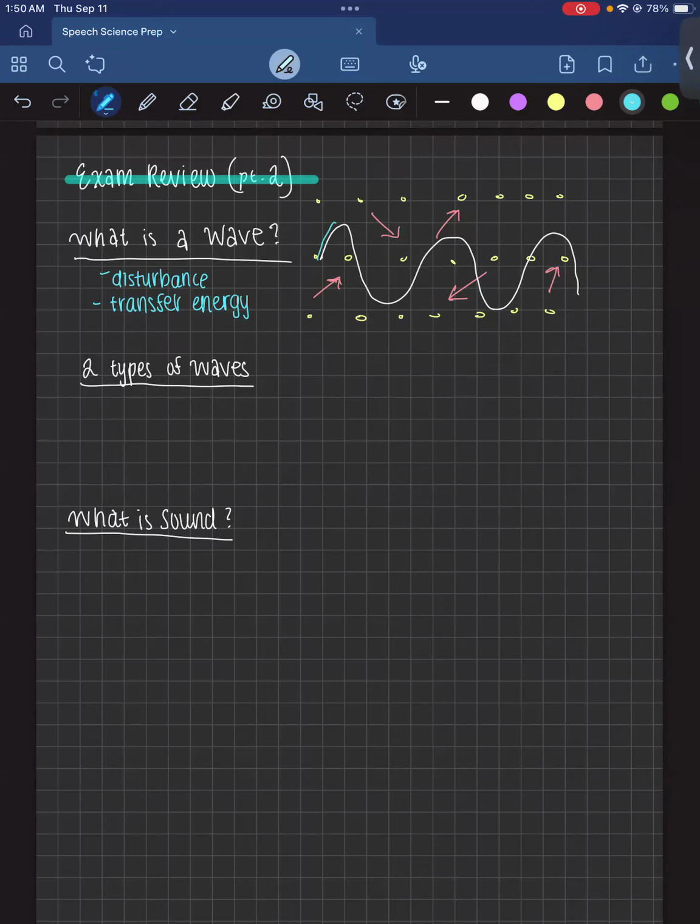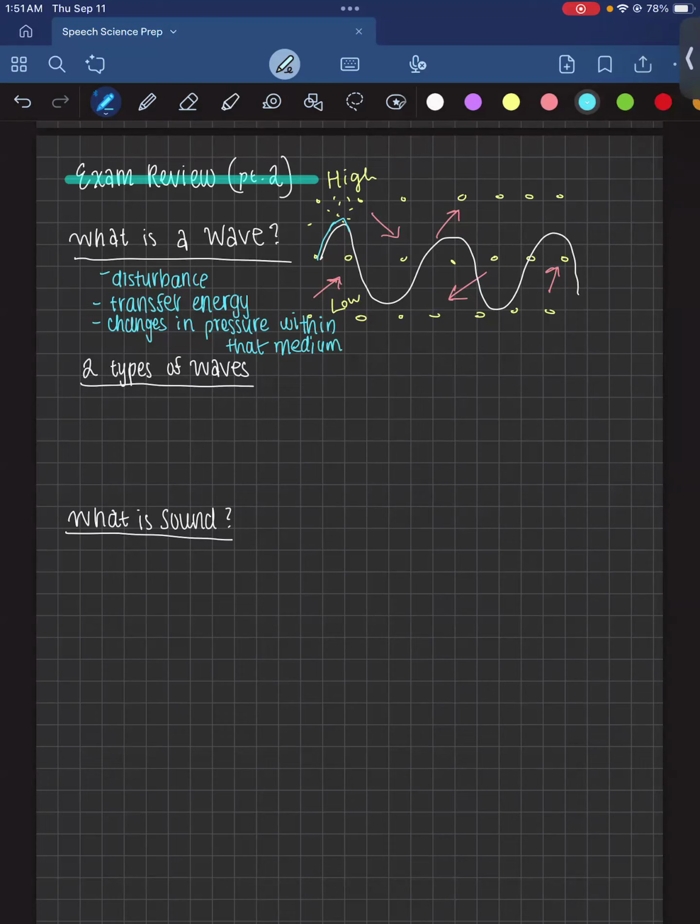So, for example, if the wave is moving this direction, these molecules may become really high pressure, and then these molecules would be low pressure. So this would be a low versus high pressure area, right? And so there are these changes in pressure within that medium. And that is essentially what a wave is.